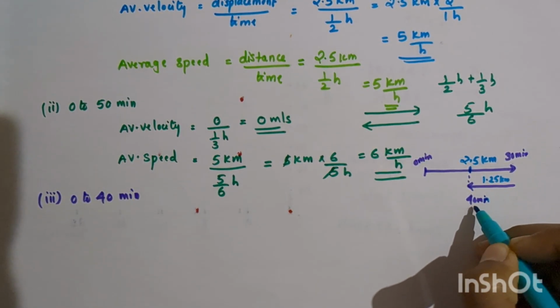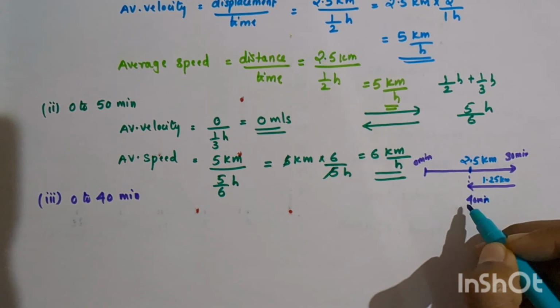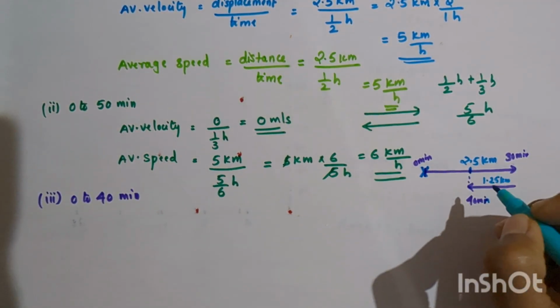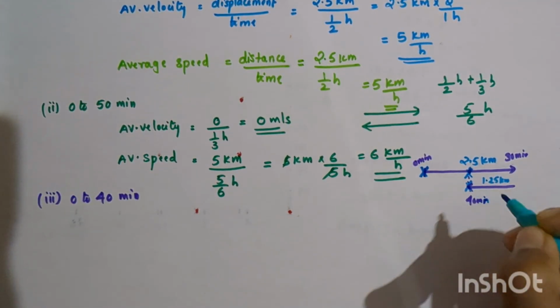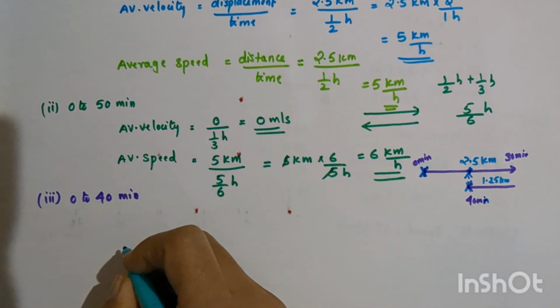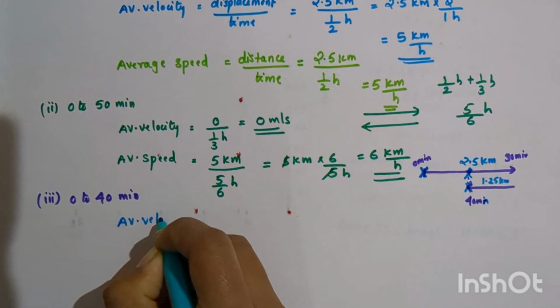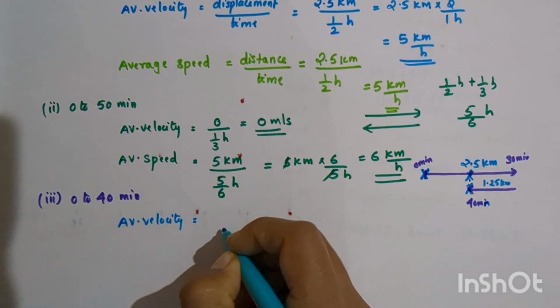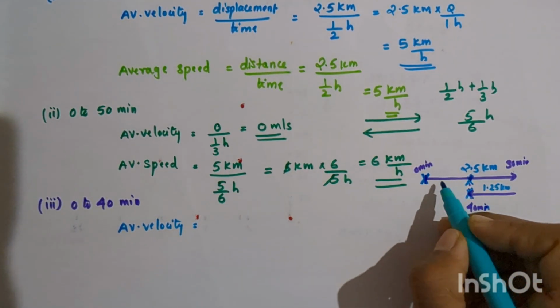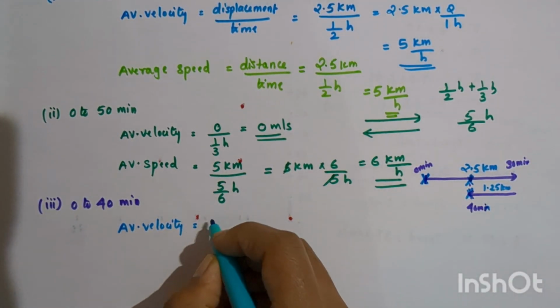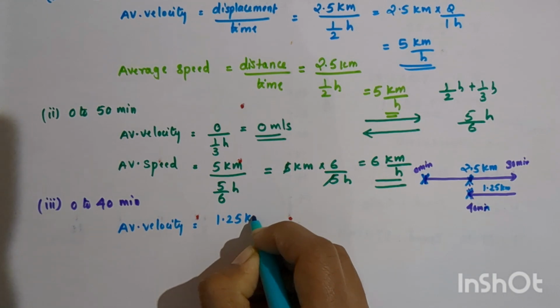When we consider this interval of time, this is the initial position of the man and this is the final position. So what about the magnitude of average velocity? Average velocity is equal to displacement by time taken. The displacement is from here to here only, that is 1.25 kilometer only.